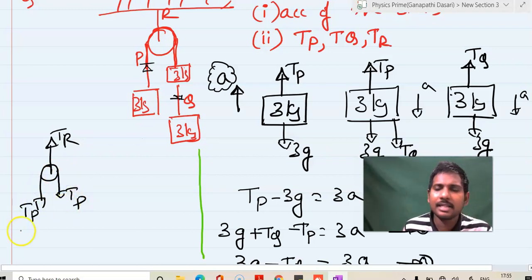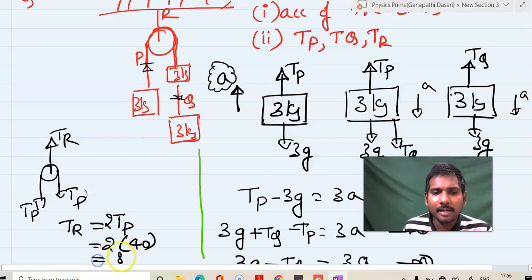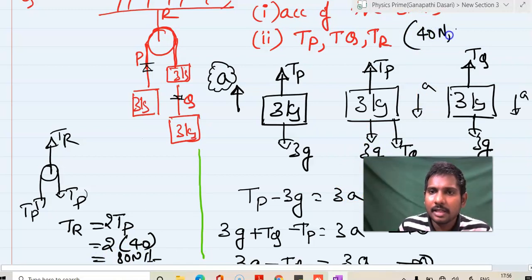This TP will be the tension in this right side string. So net force on the pulley should be equal to 0. So TR is equal to 2TP, that is TP is 40 newtons, then the TR will become 80 newtons. The answer is TP is 40 newtons, TQ is 20 newtons and TR is 80 newtons.